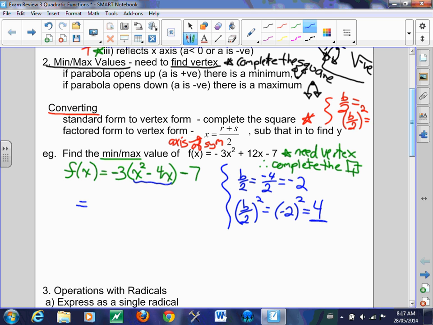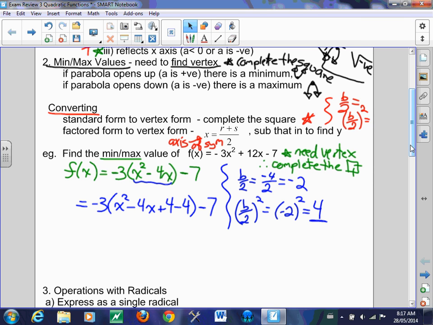So this is going to equal negative 3 times x squared minus 4x plus 4 minus 4. Those are the two we added in. Subtract 7. We have to add and subtract to keep it balanced, right? Remember that we need the first 3 to complete that perfect square. So leave the a out front.